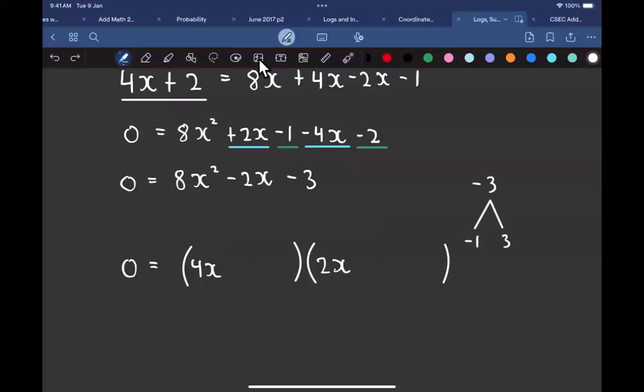Let me try the other way. So try that now. Okay, so 4x by 2x is 8x squared, and then 4x by minus 1 is minus 1x. Yeah, right.